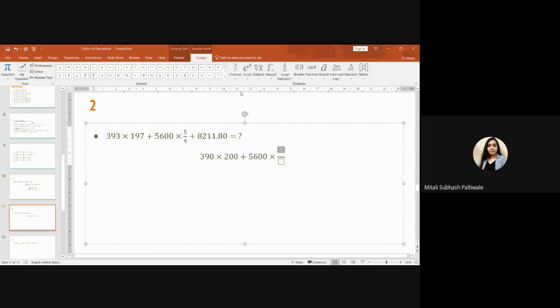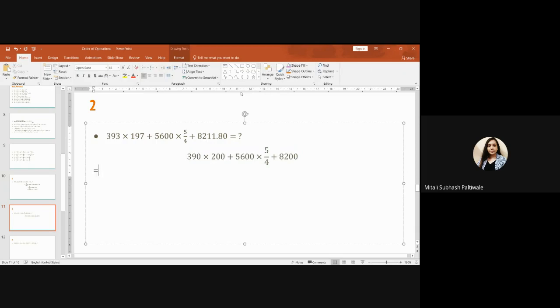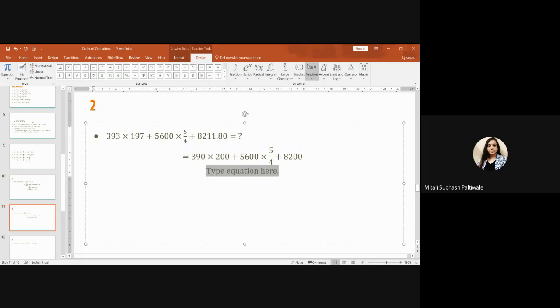Of course, we will be keeping it plus 8200, now which is equal to, sorry, this will become 78,000 plus 7,000 plus 8200, which is now equal to 93200.